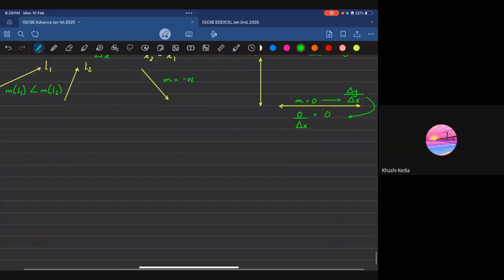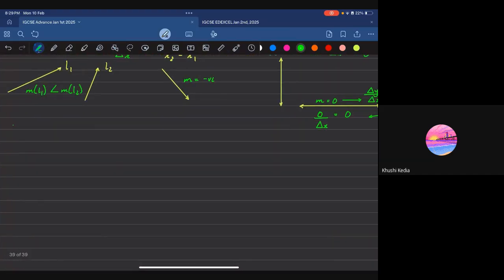All right. And one big property that we need to know regarding gradients is what, guys? What is the property of gradients? Does anyone know? They are constant for straight lines.